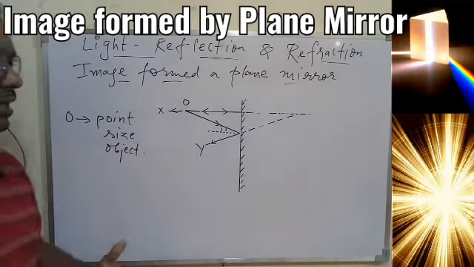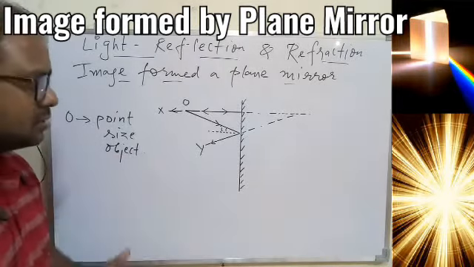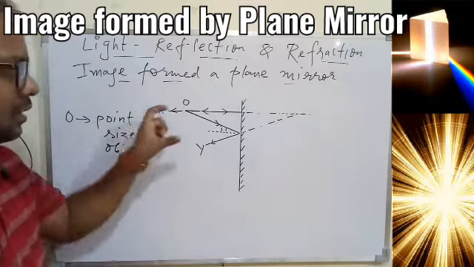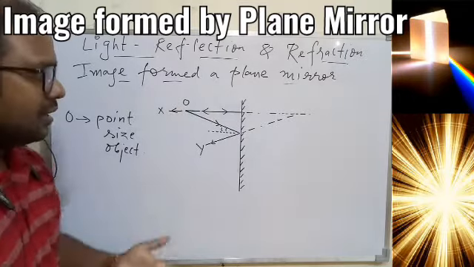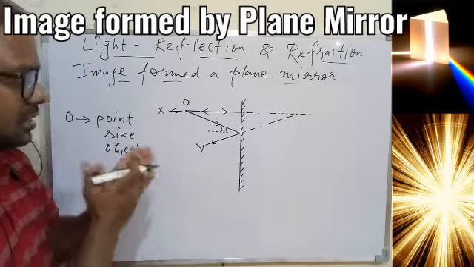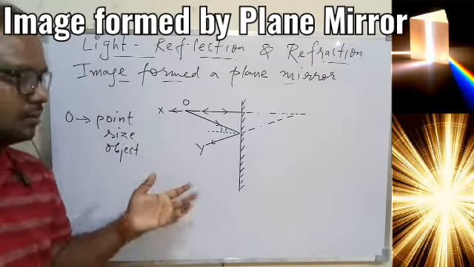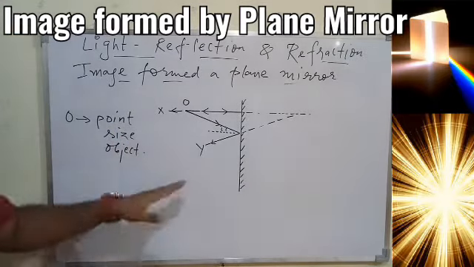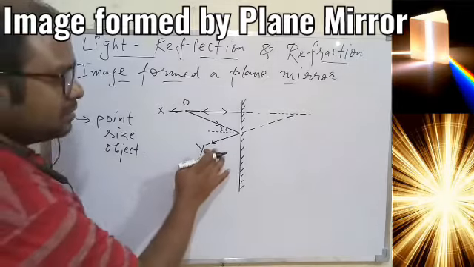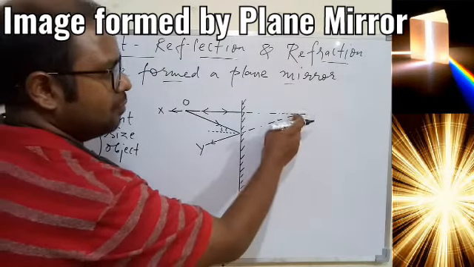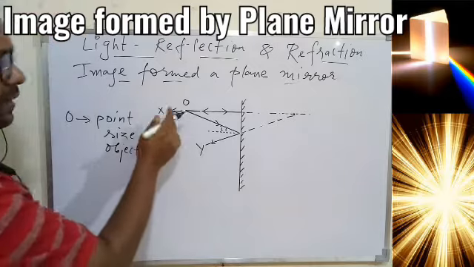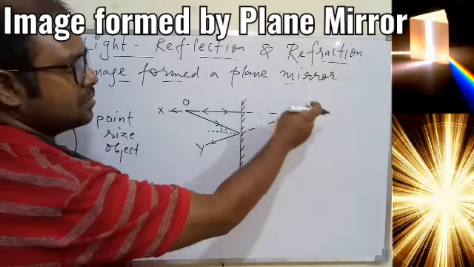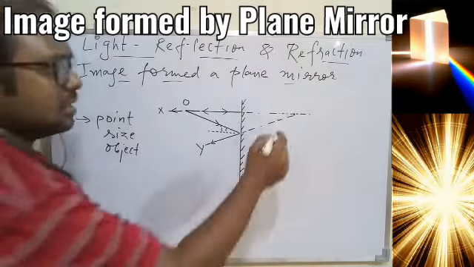We understood in the previous class that for the formation of a real image, it's necessary that the rays coming from the object, after reflection, must converge. But in this diagram the rays are diverging from each other, so it seems that this reflected ray Y is coming from behind the mirror from somewhere, and this reflected ray X is coming from behind the mirror from the same point.